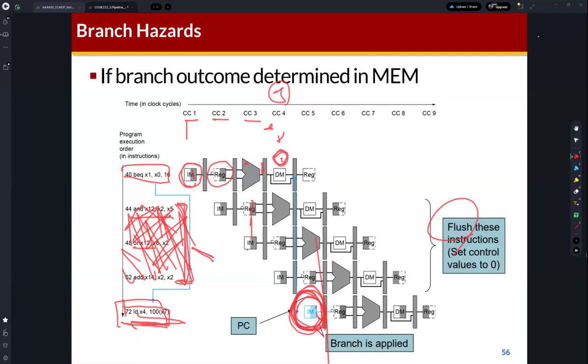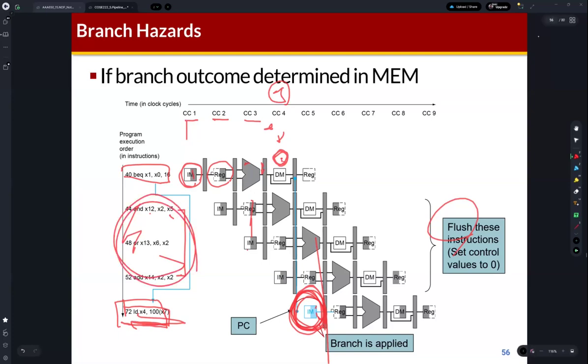So the incorrectly fetched, incorrectly decoded, incorrectly executed instructions are all flushed from the pipeline. Okay, so what's the problem? The problem is that we just waste 3 cycles. In this example, 3 instructions are flushed.